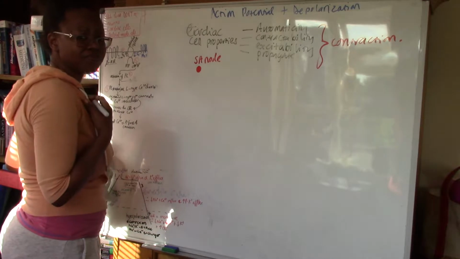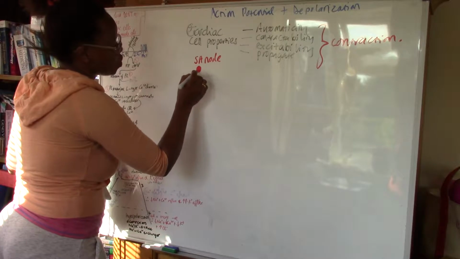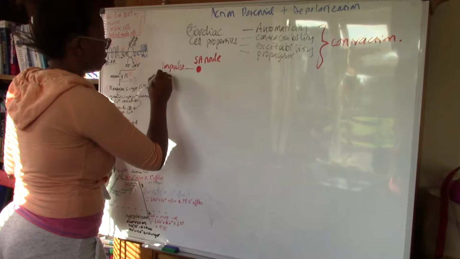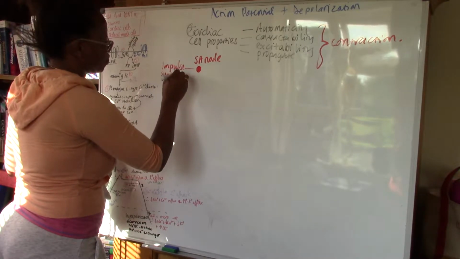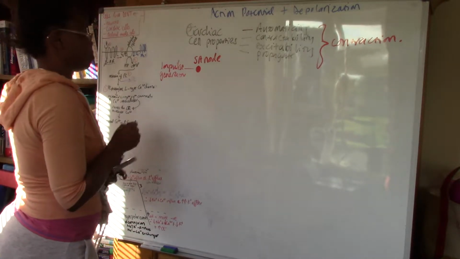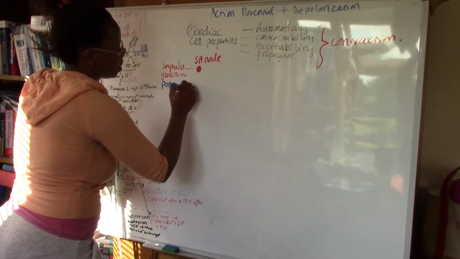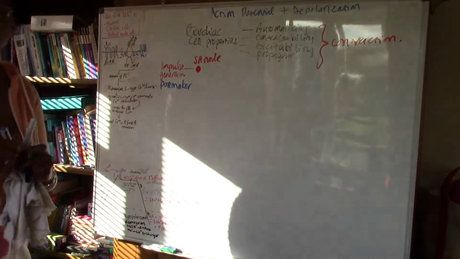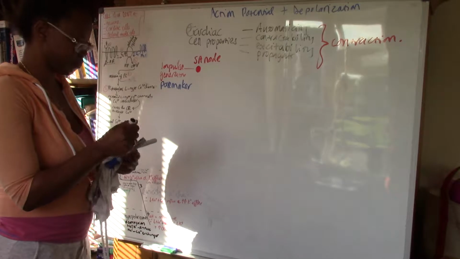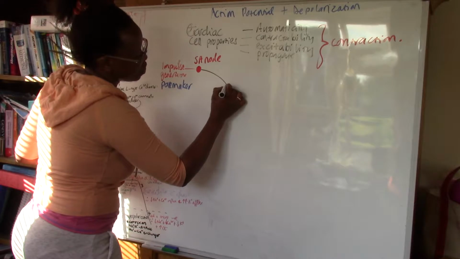The SA node is an impulse generator, called the pacemaker of the heart, the natural pacemaker. When the SA node generates that impulse, that impulse travels down into the AV node.